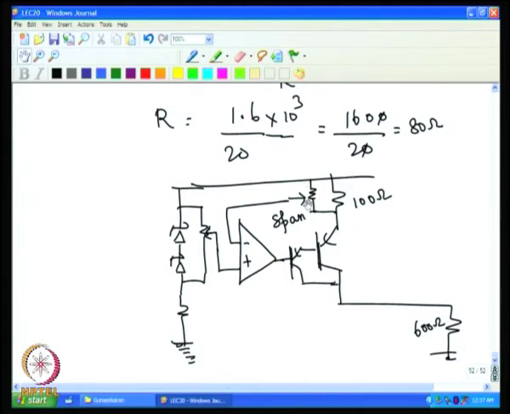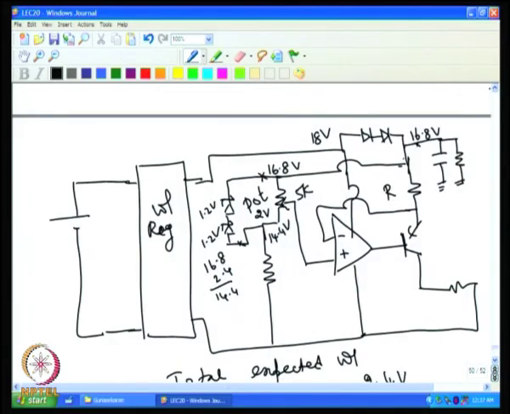So, now we can adjust this and get 20 milliampere, even with more than 1.6 volt. For example, in case 1, if this is 16.8 volt and if this is sitting at 14, in our earlier case we have designed this one 14.4 volt.